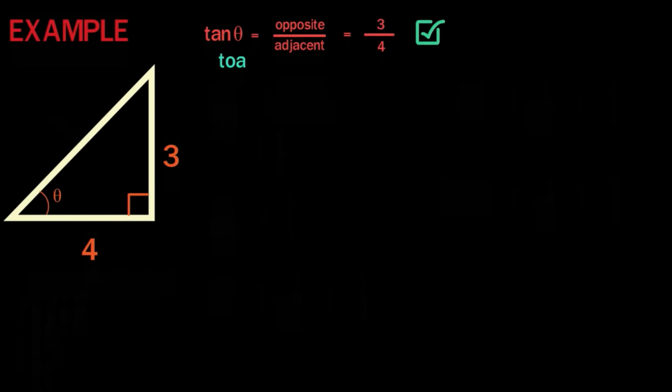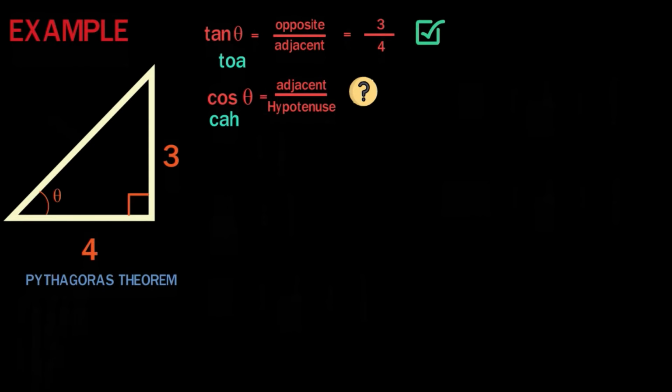Let's say if we want to find what is actually the cosine of the value, so we remember that it is CAH, C-A-H. So adjacent over hypotenuse. So before we calculate this, we need to know what is the hypotenuse by using Pythagoras theorem. So let's say we have this called A. So A square equal to 3 square plus 4 square.